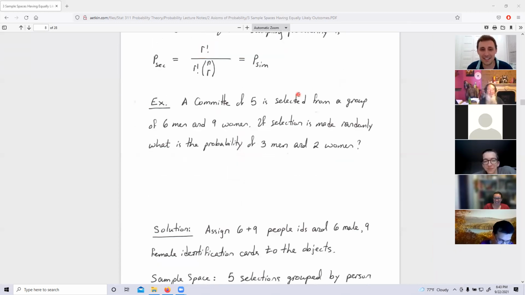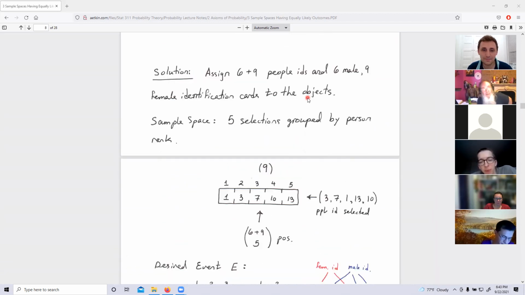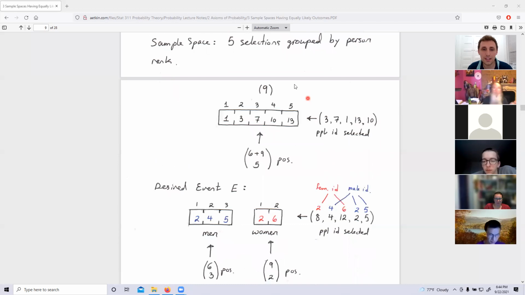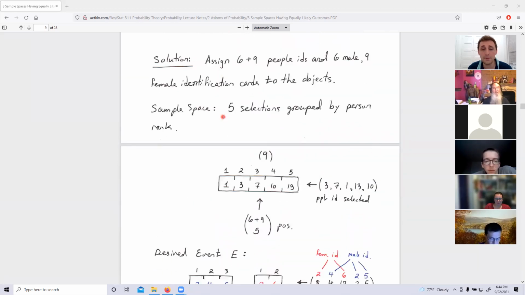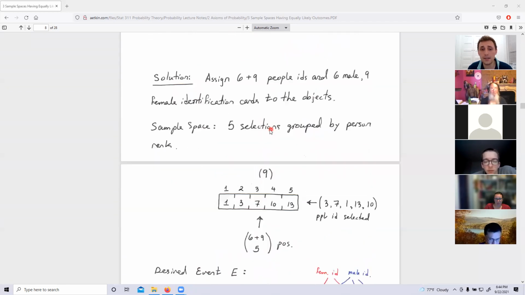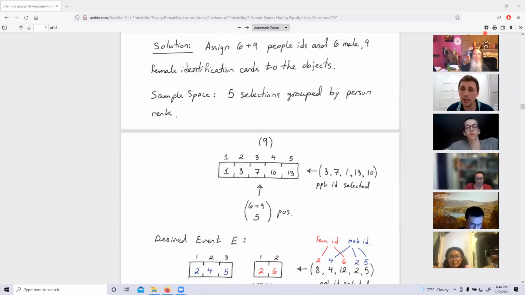So yes, let's see this situation, guys. So here we have what? Here we have first of all the sample space. I have 6 + 9 people, and I have people ID. And I also have female and male IDs, right?